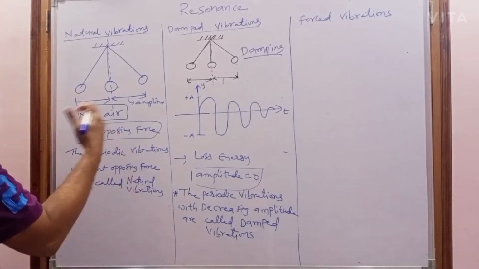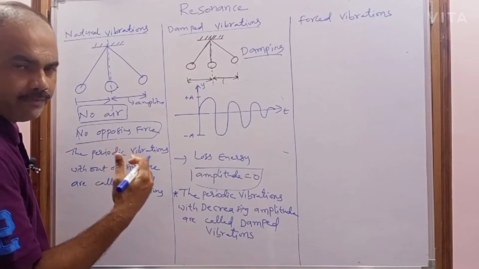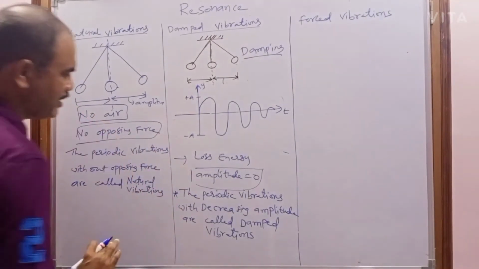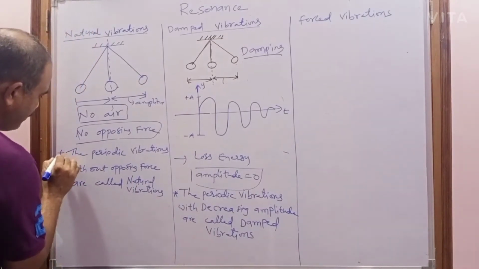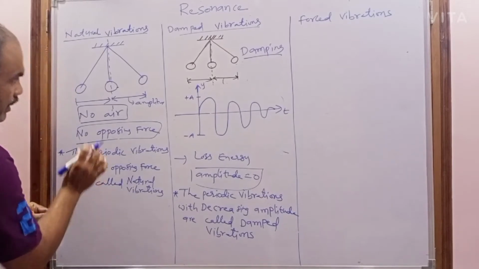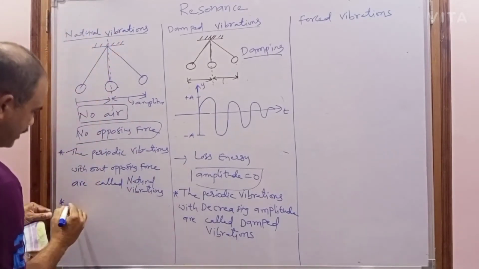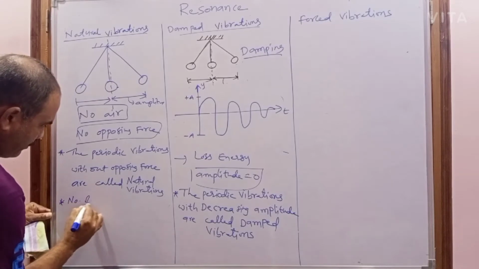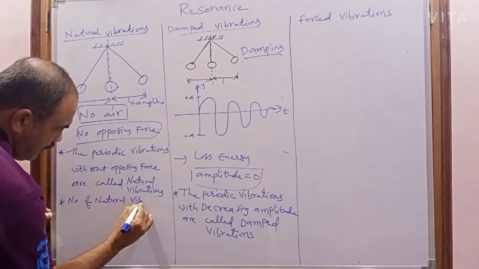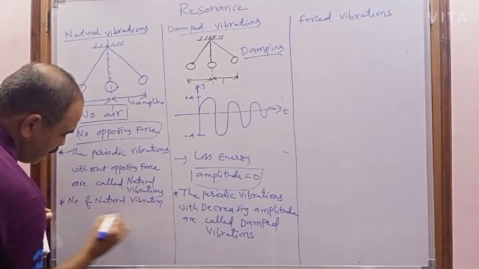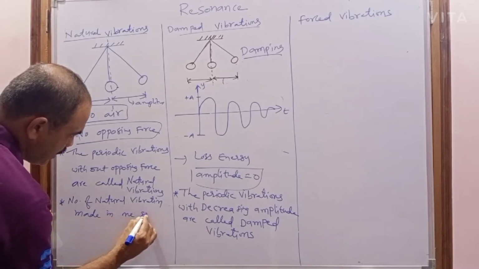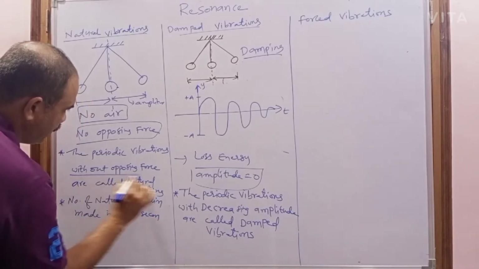When the body is making natural vibrations, the number of natural vibrations made in 1 second is known as the natural frequency. This is the definition of natural vibration; now let's come to natural frequency. What is the natural frequency? The number of natural vibrations made in 1 second, without opposing force.